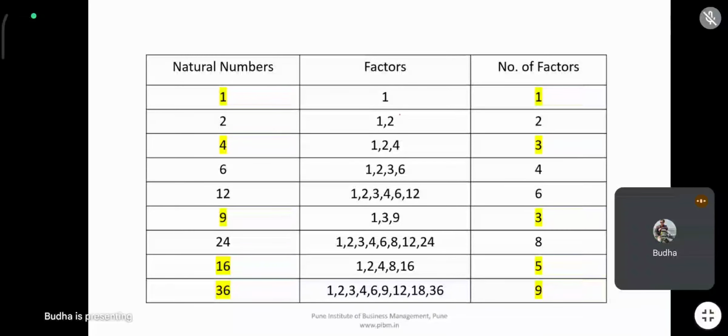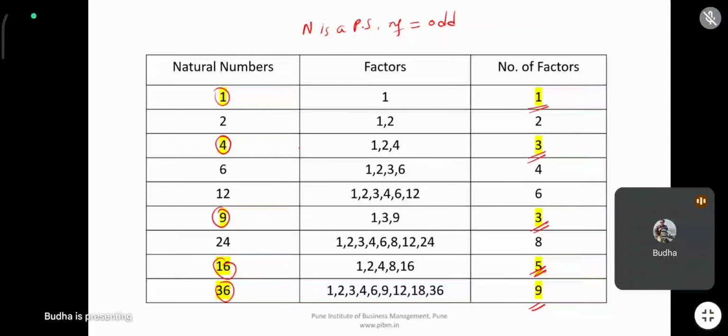See, whenever you have a number which is a perfect square, its number of factors will always be an odd number. Means if n is a perfect square, then the number of factors would always be odd.